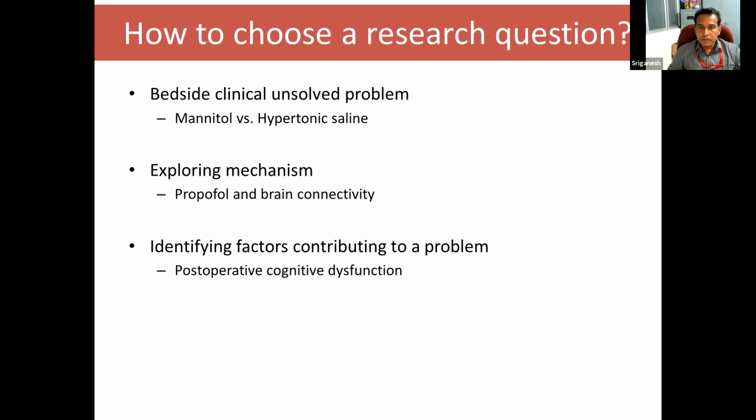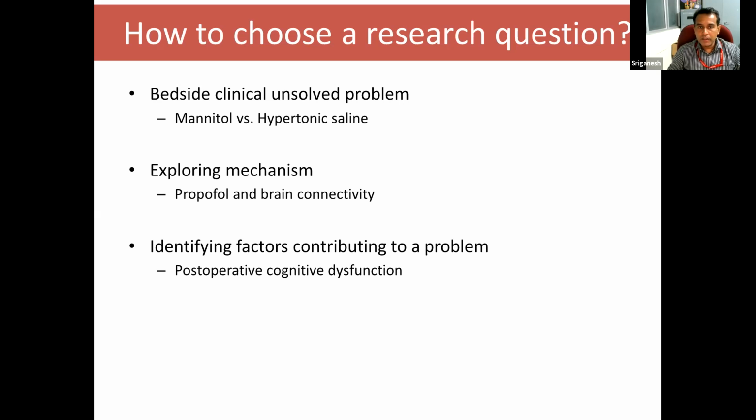The second is to explore a mechanism which is clearly not well understood. For example, the impact of propofol anesthesia on functional connectivity in the brain in health and in disease is not very clearly understood, despite several articles being published in this area in the recent past.